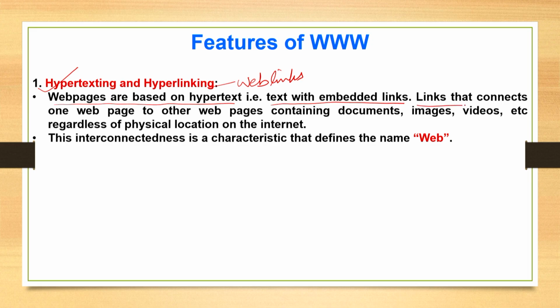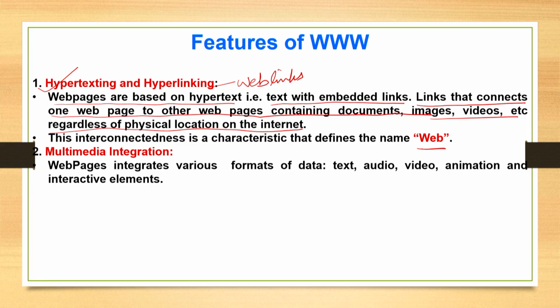So these are links that connect one page to another page containing documents, images, videos, etc., regardless of physical location on the internet. This interconnectedness is a characteristic that defines the name web.